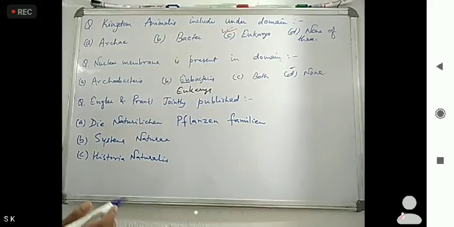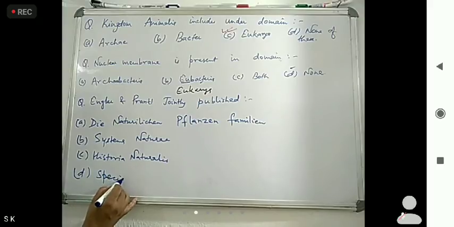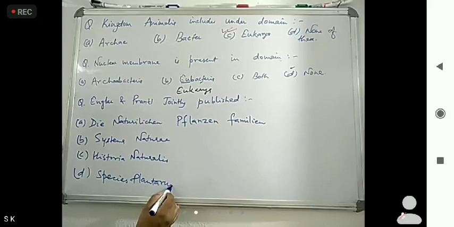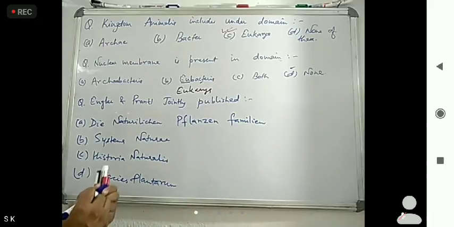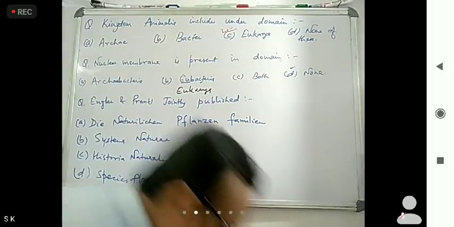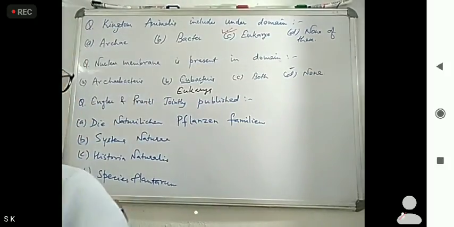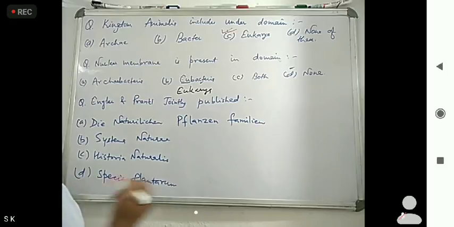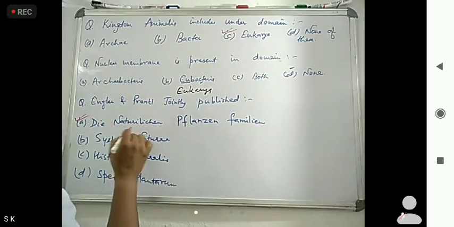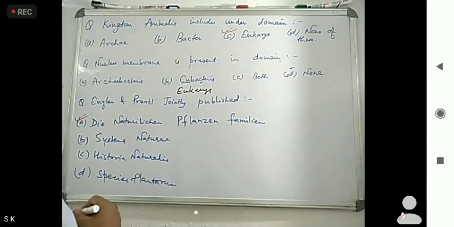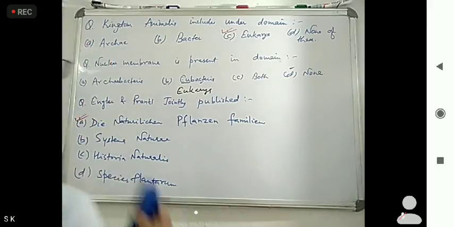And another book is Species Plantarum. So already we discussed, Engler and Prantl jointly published which book? They published Die Naturlichen Pflanzen Familien.